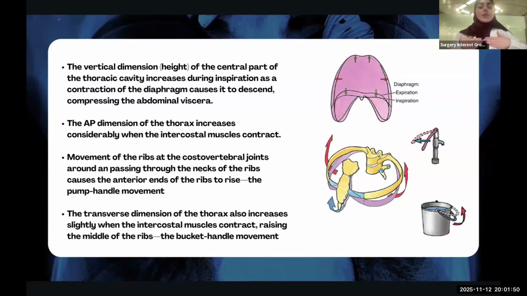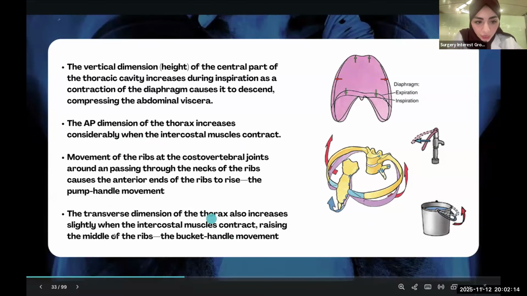They will pull. And again, recall that they're anterior too. When they're pulling the ribs up, recall that the ribs are continuous with the sternum, and they're attached right beside the sternum. So if I were to be contracting my ribs and allowing them to move up, they'll move the sternum with them. So the sternum will move out like a pump handle, this movement, and the ribs will move out, this movement.